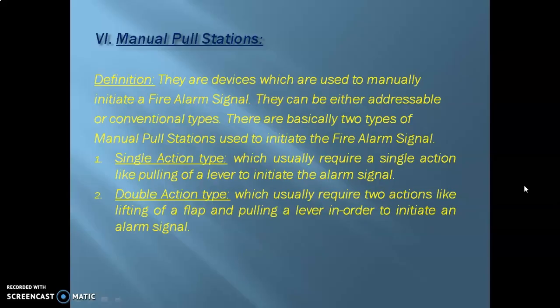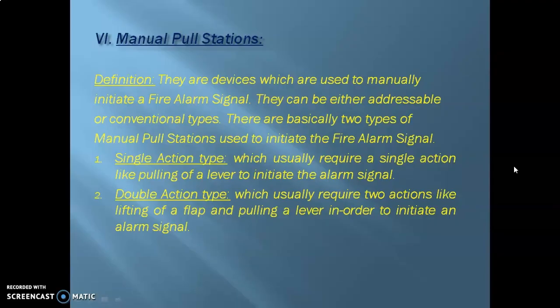And the second type is the double action type, which usually requires two actions, like the lifting of a flap and pulling of a lever, or the pushing of a certain button inside and then pulling down in order to initiate a fire alarm signal. Basically there are two actions taking place in order to initiate the alarm signal.